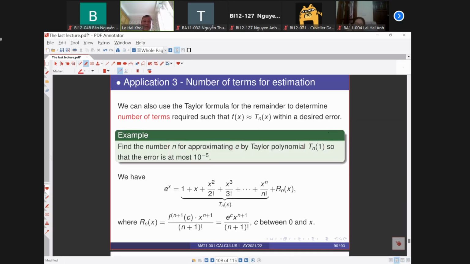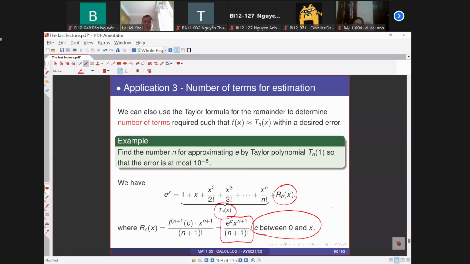So, look at that. e to power x equals Tn(x) plus Rn(x) here. And Rn(x) is computed by e to power c times x^(n+1) over (n+1) factorial. C is in between 0 and x. Và x có thể ở hai bên, đúng không?